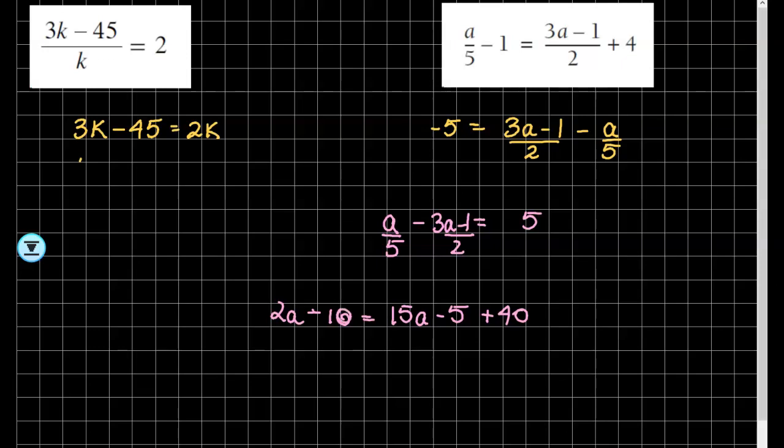Right, exactly. I think that is a bit tricky. What's the number 5 and 2 both go into? So times 10, and you have to times everything by 10. What does 2 go into?